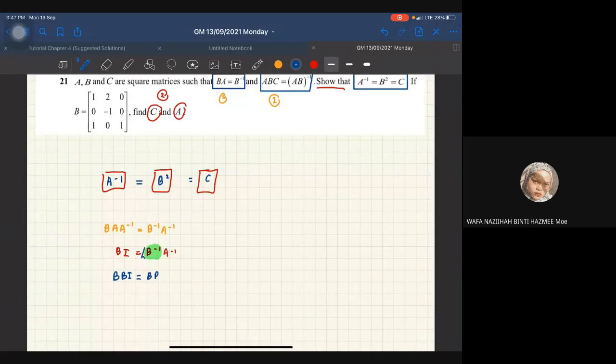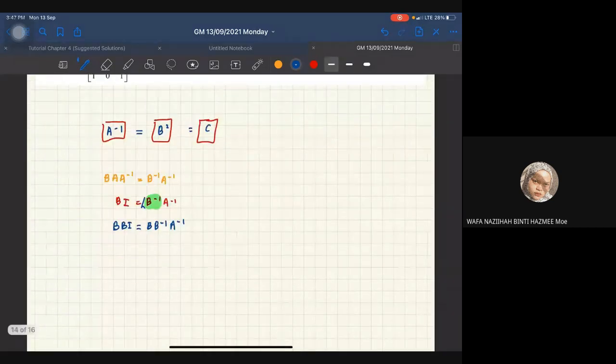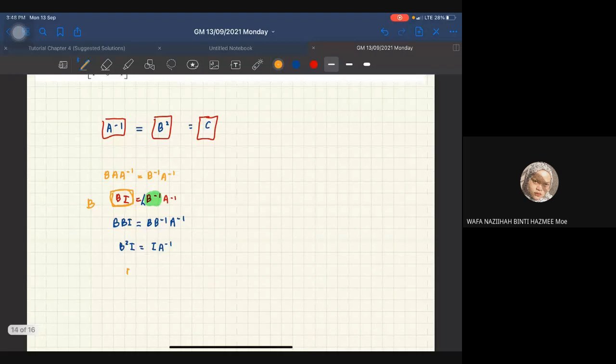So B times B inverse A inverse. Okay, so awak akan dapat B squared I is equals to I times A inverse. Dekat this part sebenarnya saya boleh simplify tadi. So awak boleh simplifikan dia jadi B sahaja, and then kita akan dapat B squared equals to A inverse.